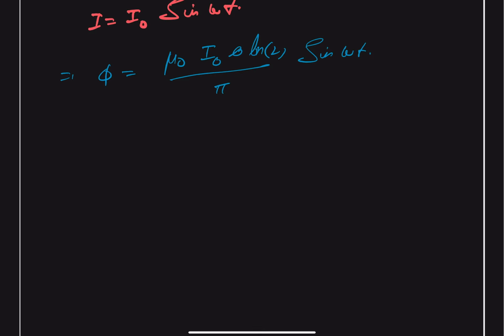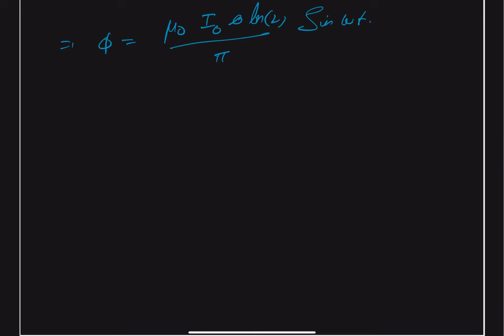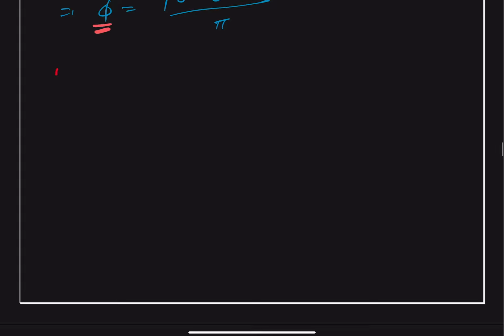So first of all, we are going to find out the induced EMF, and that will be the negative derivative of this value of flux. You can say that induced EMF will be minus d phi upon dt.